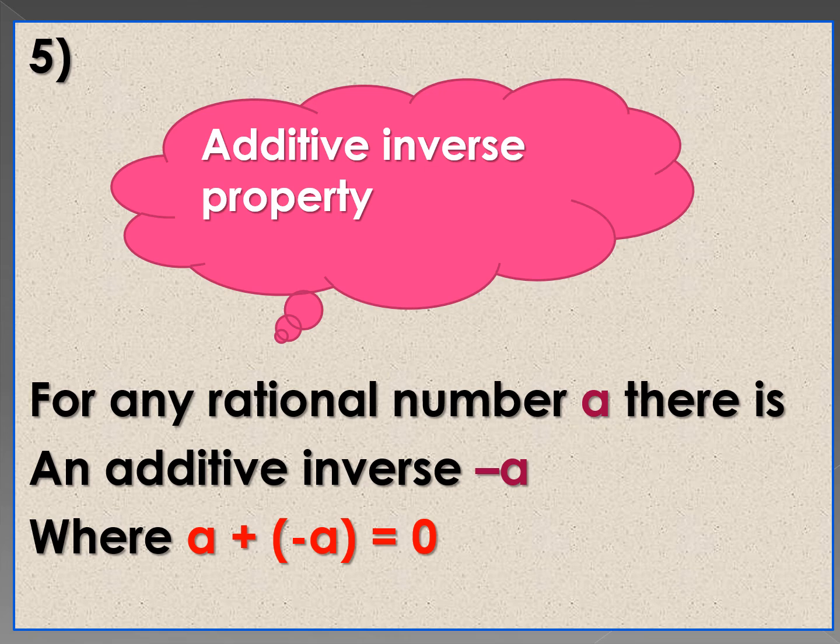So A plus negative A will be 0. The additive inverse of any number is the number with the opposite sign. So 5 is the additive inverse of negative 5, negative 7 is the additive inverse of 7, and so on, because if we add 7 plus negative 7, we will get 0.